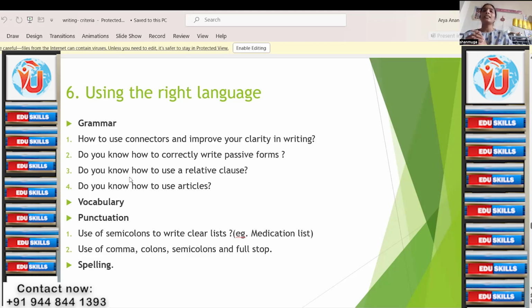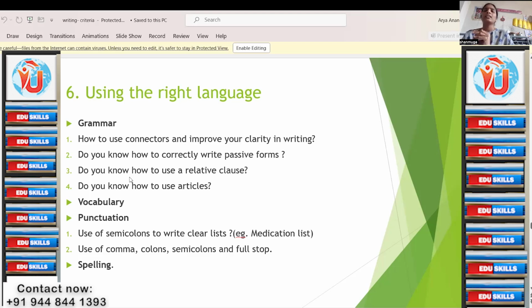If you write fracture without an article, is it a single fracture or multiple fractures? They will be confused. So you have to at least go through these things. There is more information about them on the OET official site. You can go and check that.